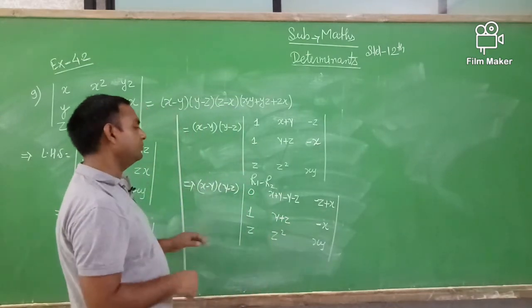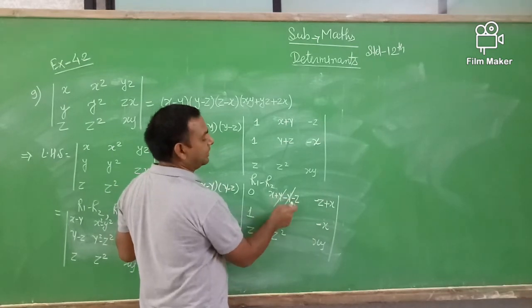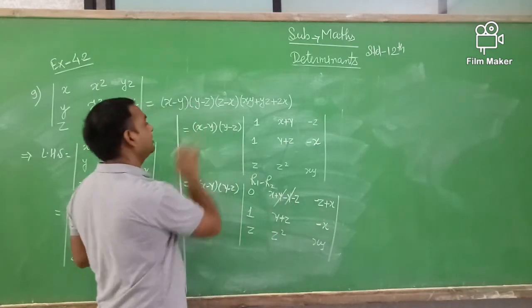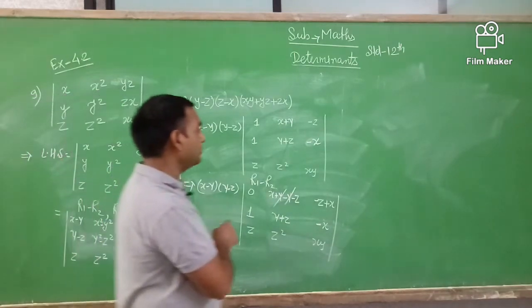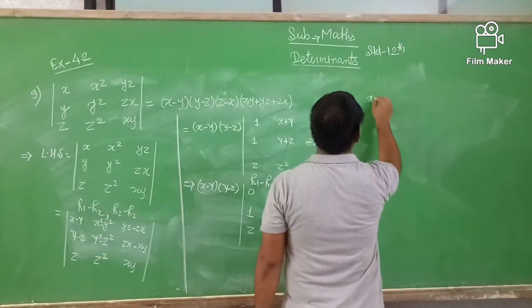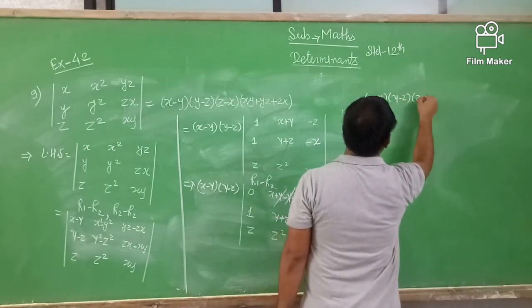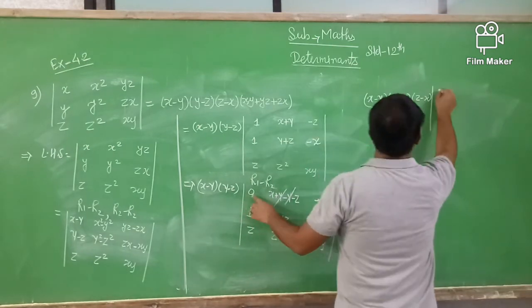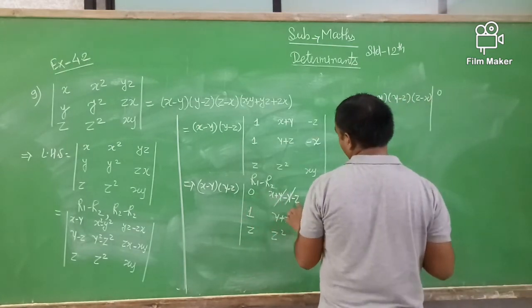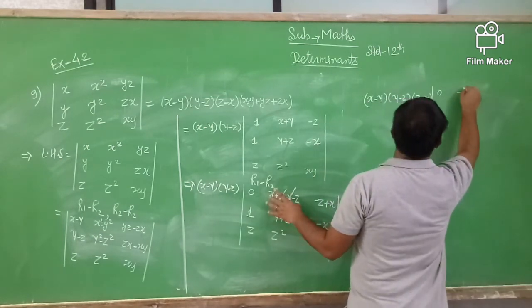So you see in the first row, y is cancelled by y, here is x minus z, but I have z minus x, so I take minus 1 common. Therefore this is equal to x minus y, y minus z and z minus x. Then the element here is 0, this is x minus z, but I have z minus x, so it is minus 1.